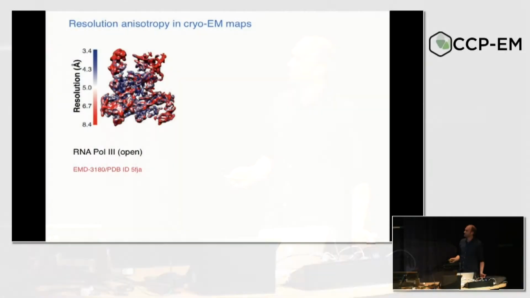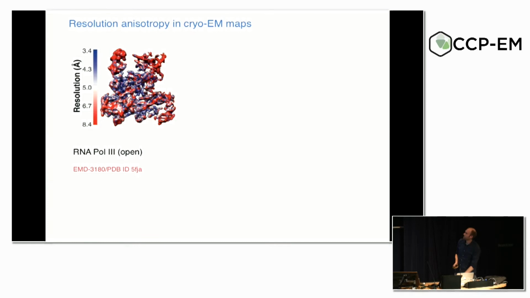So what we are trying to address is a problem that's very common in 3D reconstructions using cryo-EM: you have a map in which your resolution varies, often drastically. In this case it's quite extreme, with parts of the map ranging from around 8 angstrom to almost 3 angstrom in the core.